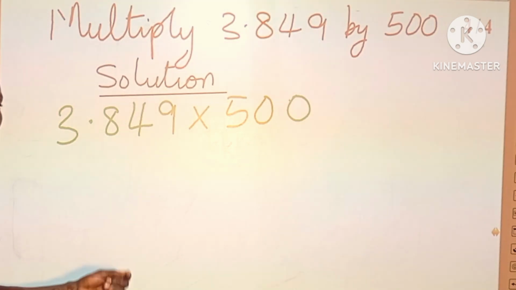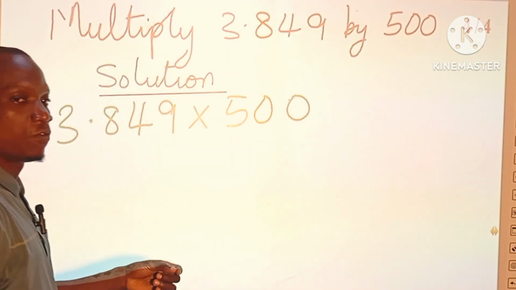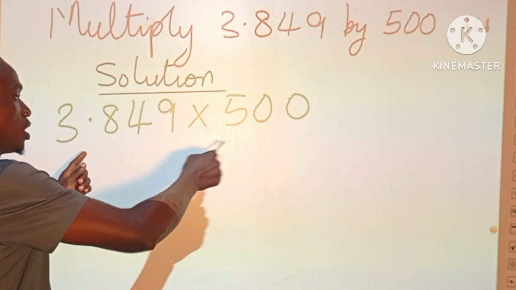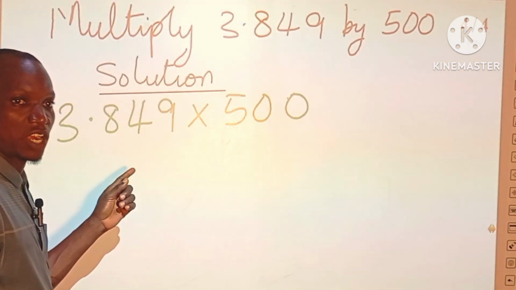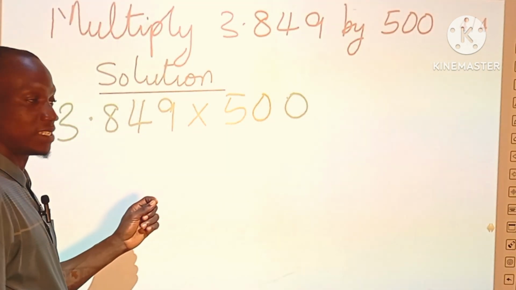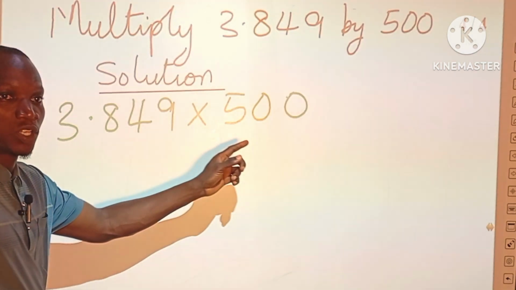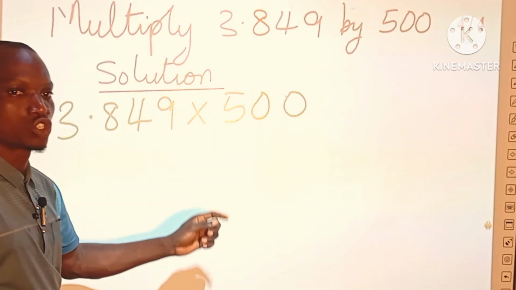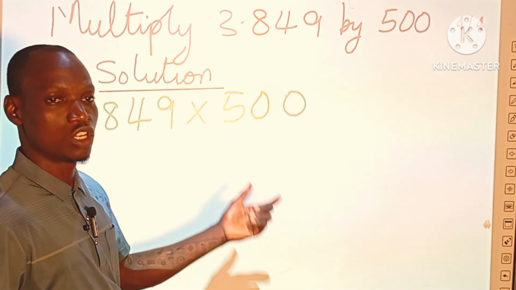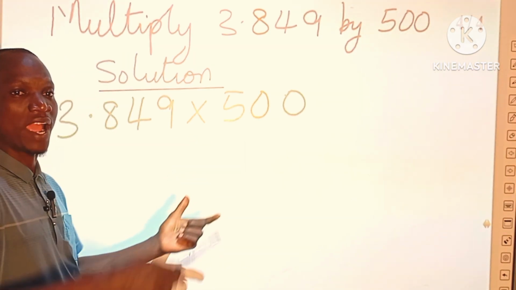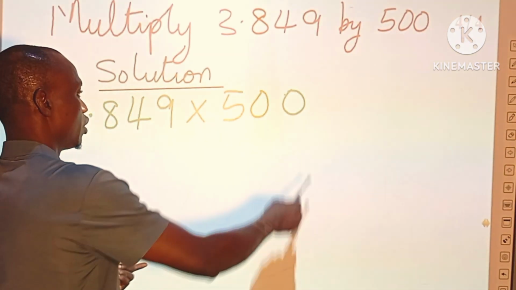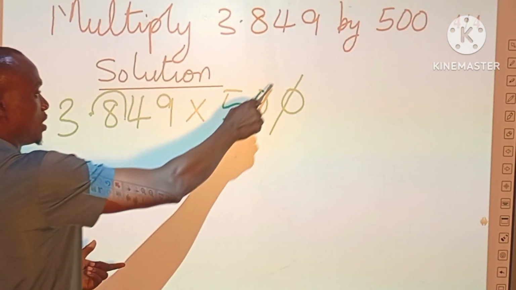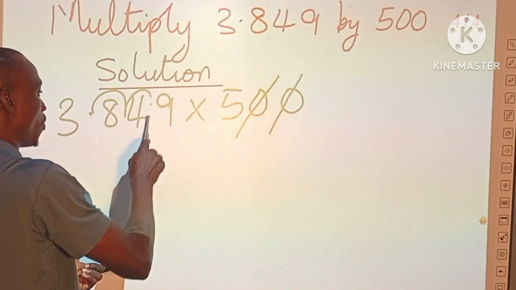Now, when multiplying by multiples of 10, we move the decimal point to the right hand side based on the number of zeros that the multiplier has. So in this case, our multiplier, which is 500, has 2 zeros. So we are going to move the decimal point forward 2 steps to the right hand side. So the first 0 moves the decimal point to this point. The second 0 moves it to this point.